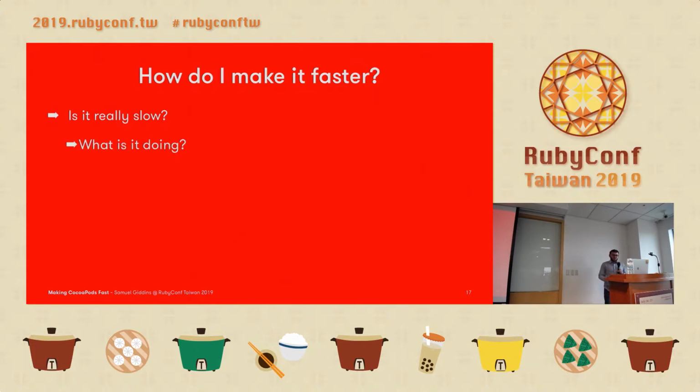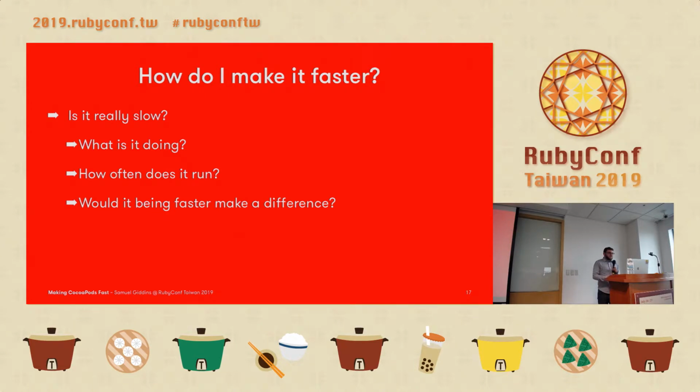What is the app doing? How often does it do the thing that's slow? If something takes a couple of hours, but you run it once a year, is it really worth making it faster? Again, would it being faster make a difference? Would someone pay money for it to be faster?